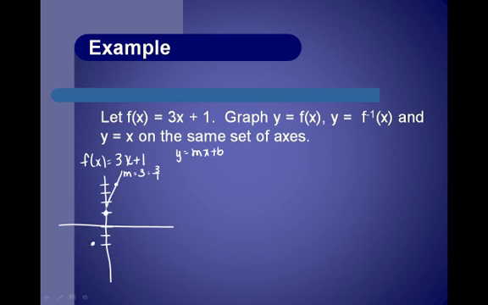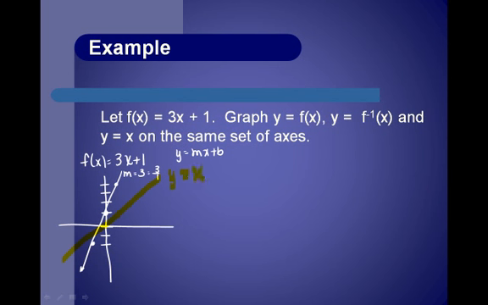So this is what this graph looks like. Now, if we looked at the graph of y equals x, that means we go over 1, up 1, over 2, up 2, over 3, up 3. So that y equals x line is that 45-degree angle going right through here.